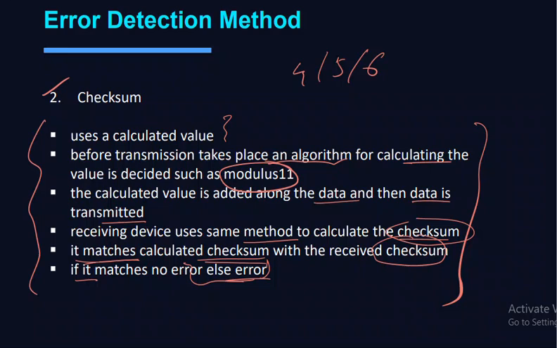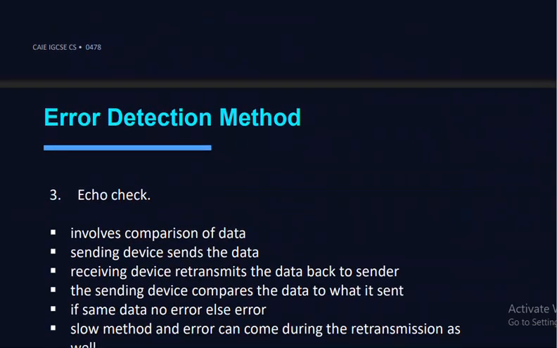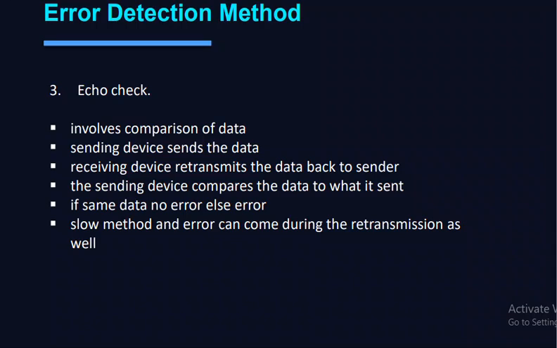Whatever it is, all you have to do is memorize it, nothing else. Echo check is the same thing over here. If you look at every point, the sending device sends the data, the receiving device receives the data. You must write the first introduction points that way.